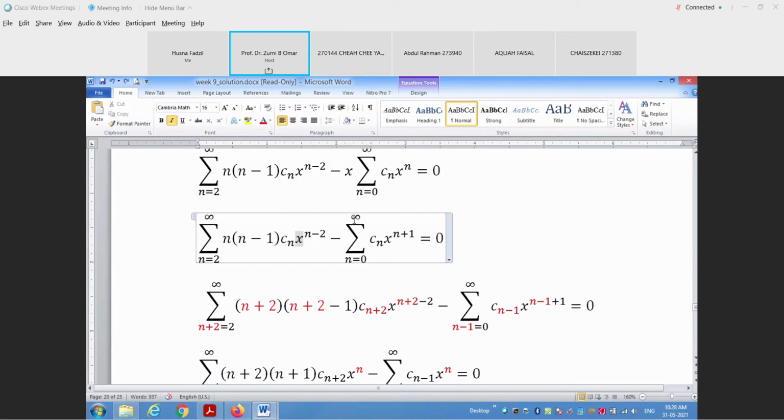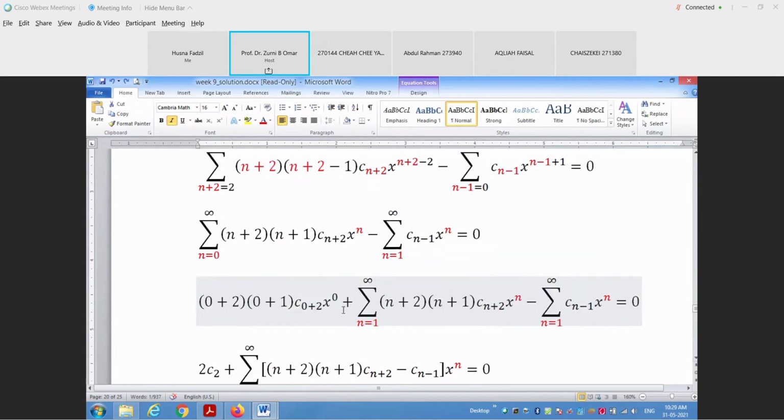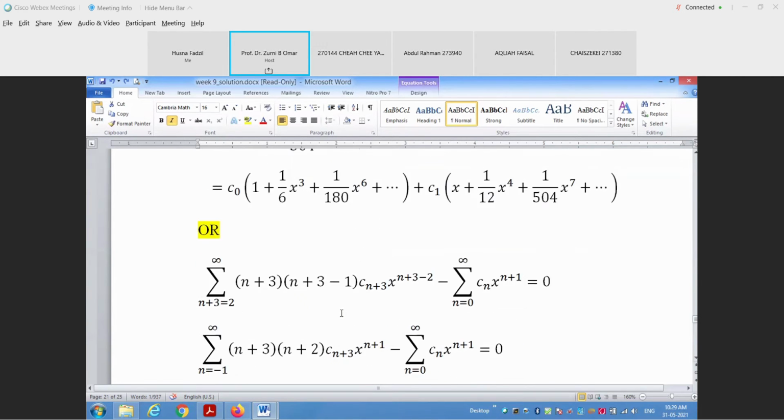So this one will remain unchanged, because we only want to change this to x power of n plus 1. Right now we changed both powers, but now we decide to only change this into x power of n plus 1. The answer will be the same.